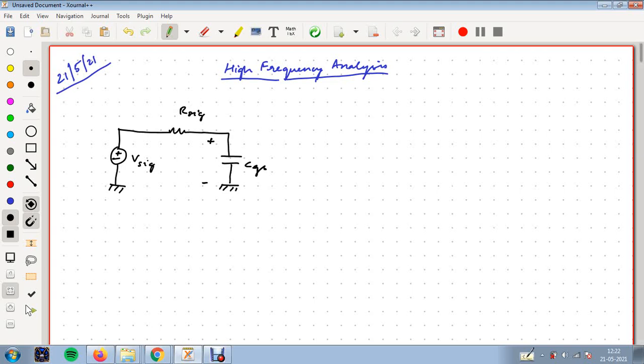This is plus minus VGS. This is CGD, the gate drain capacitance. Then here I had my dependent source. This is ground. This is GM into VGS.